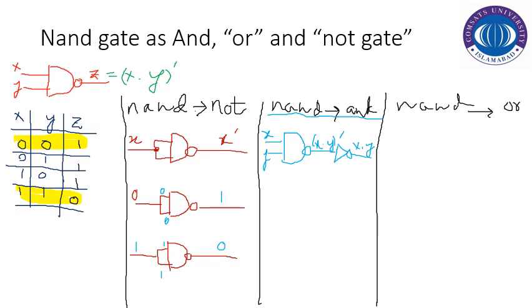So if we have to use only the NAND gates, and we know that we can implement NOT gate by using this setup, AND can be implemented simply as follows. This is the first NAND gate, that has inputs x and y.